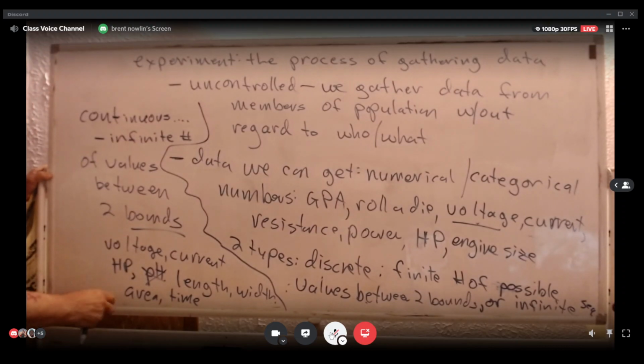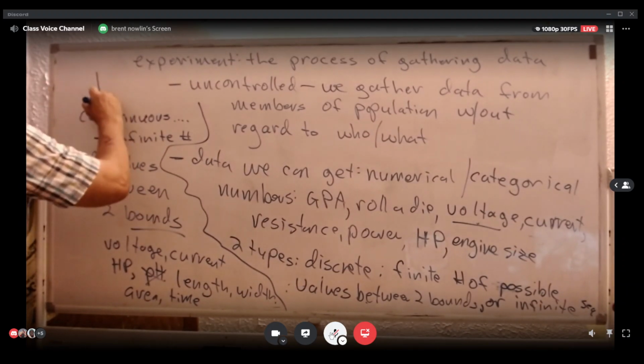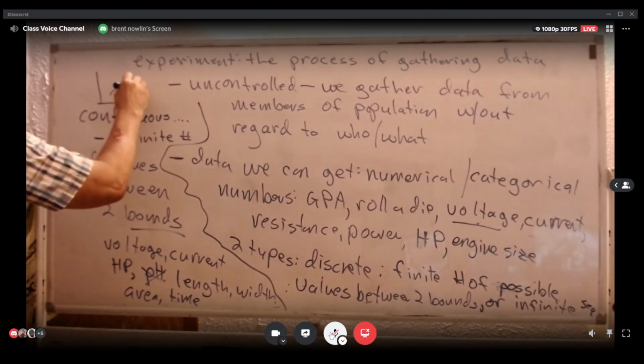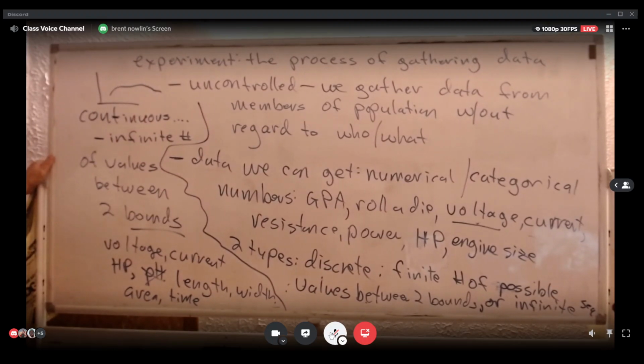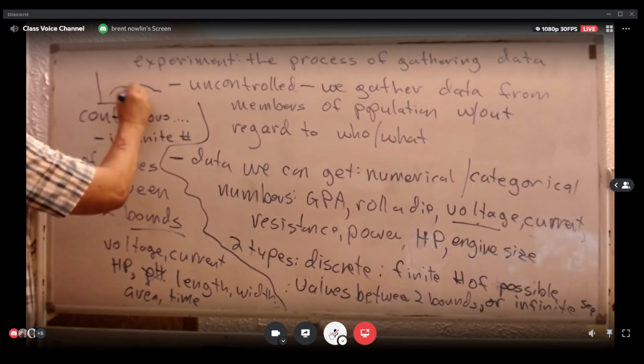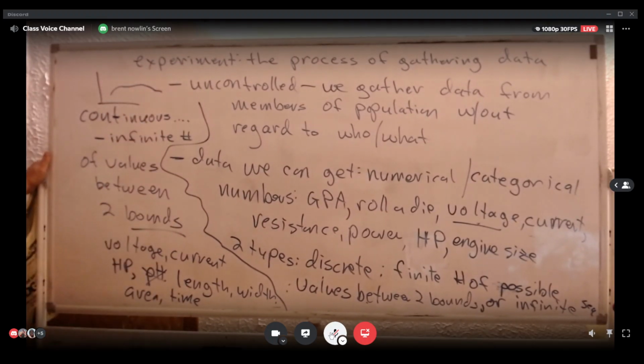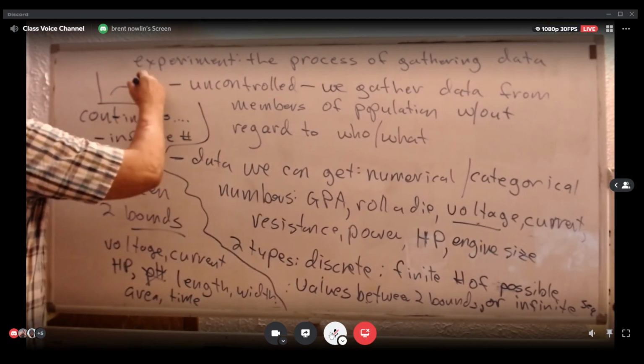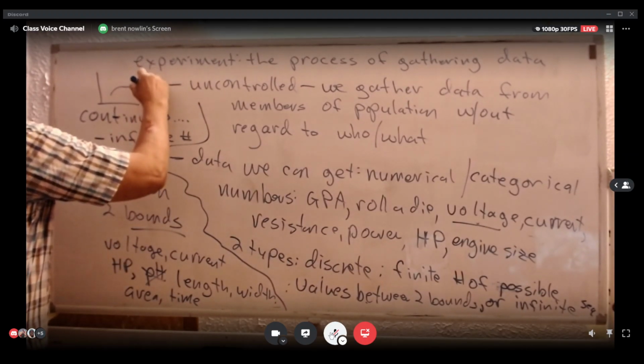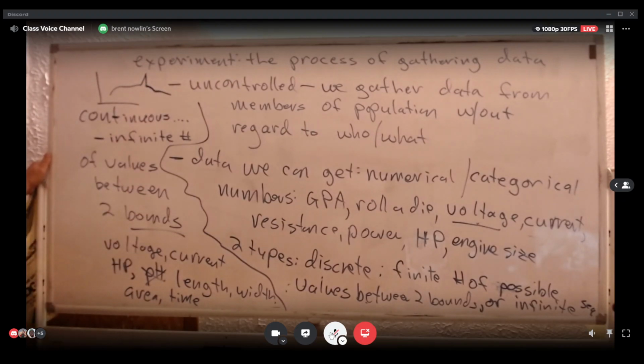Okay? Continuous: if data is continuous, what that means is that it's going to look like this if we gather enough data. It's going to look very, very smooth, well, possibly not smooth at all, right?